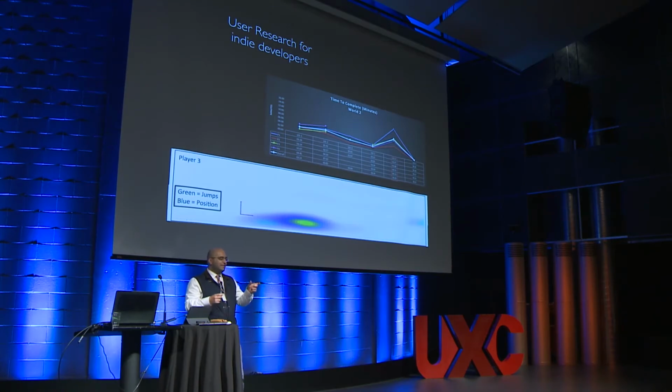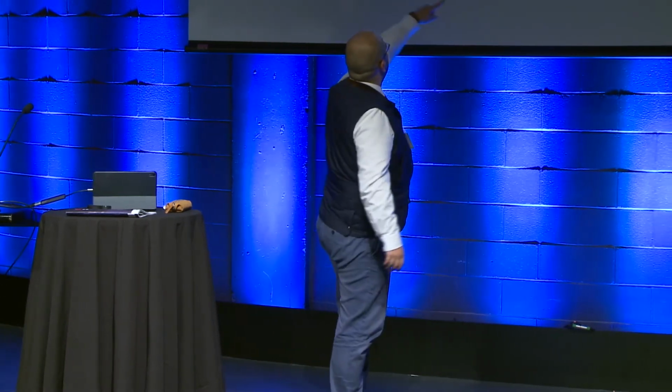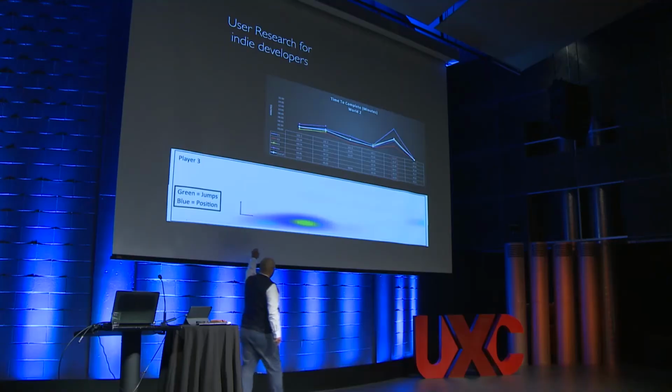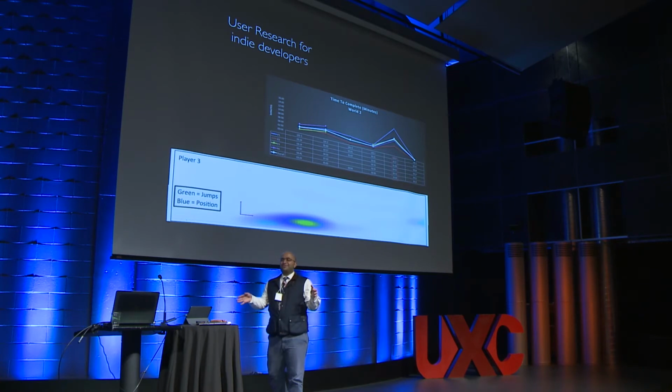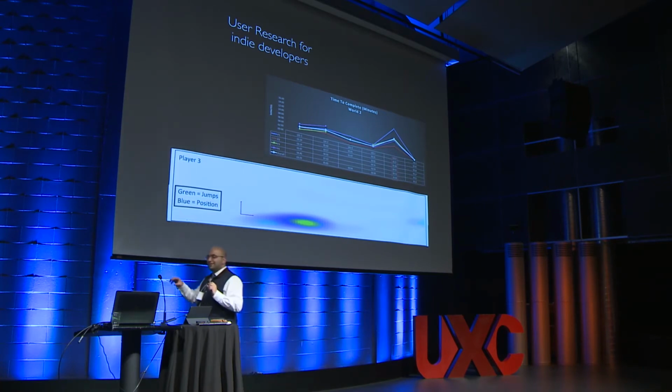So based on this data, we could then look at players' movement in that level. We have the heat map of players' positions and the actions they did. The players got stuck here because we see the position and we see they did loads of jumps. So rather than analyzing 9 hours of video to figure out what the issue is, we could quickly pinpoint that level 5 is the level where players spend too much time.